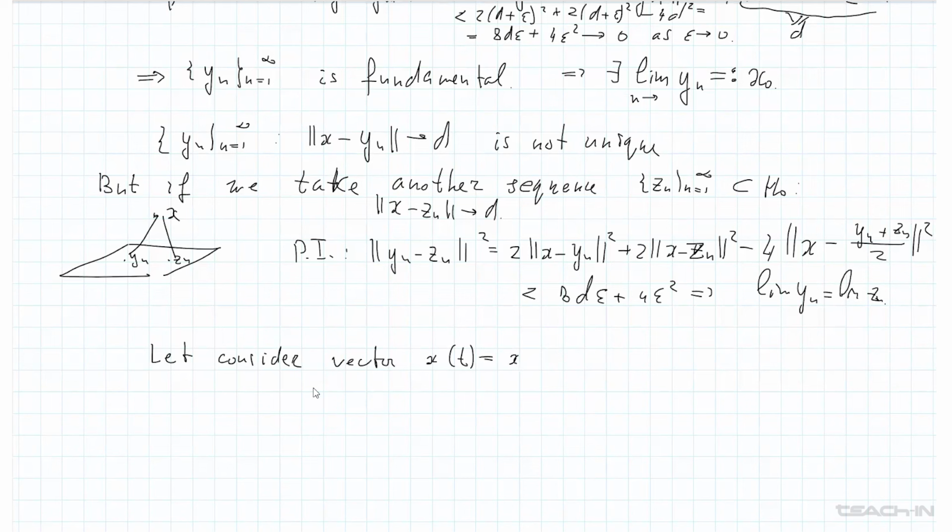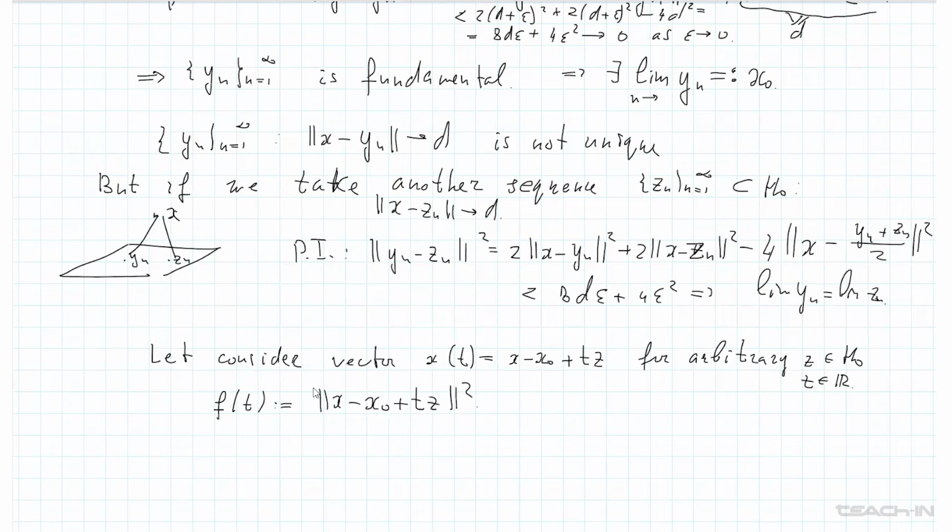It looks like x minus x0 plus tz, for arbitrary z from H0, and t is a real number. And consider the function f(t), which we define as the square of this norm.